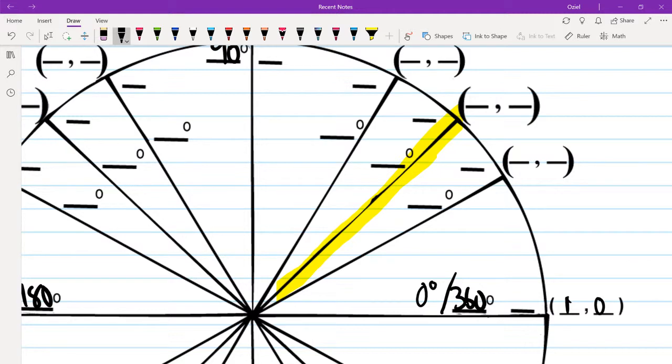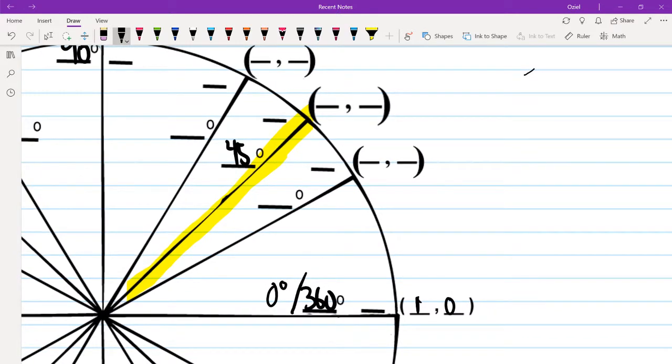It's split in half, so I label this part 45 degrees.